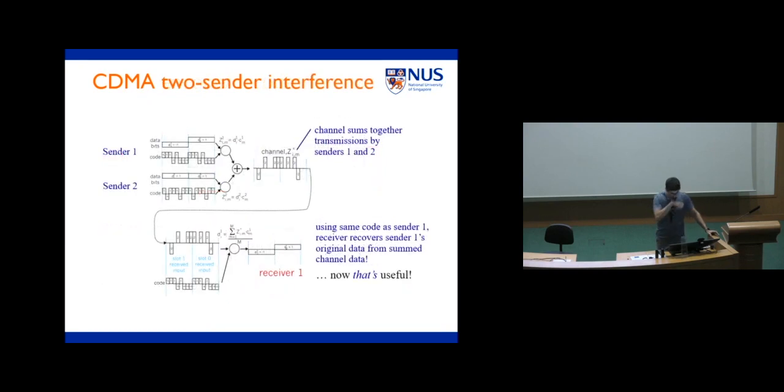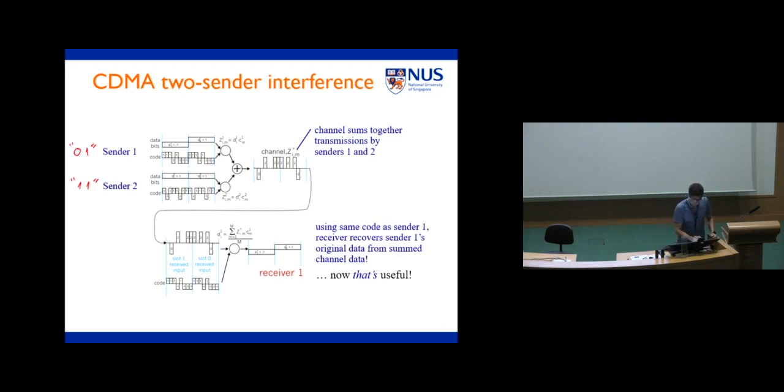Now let's see that over that example. So I have here two senders, and sender 1 is trying to send 0, 1, and sender 2 wants to send 1, 1. This is the data they want to send.